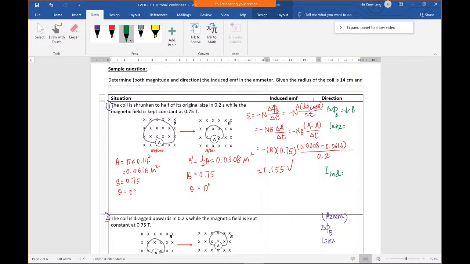A decrease in the magnetic field which is going into the page. So according to Lenz's law, I would like to increase the cross product. So I have to produce more cross product. So from my right hand grip rule, the direction of current is moving to the left when passing through your ammeter. Okay, this is your ammeter. It is actually moving clockwise.